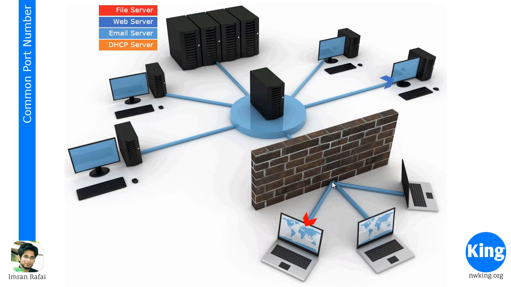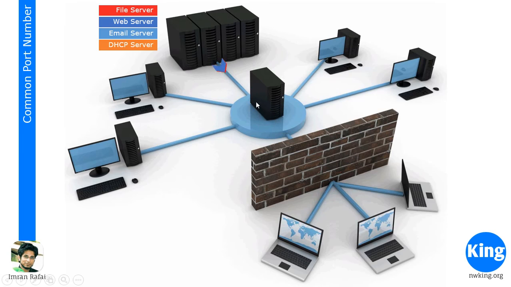So there are standard port numbers in every transmission. If you look at the frame, there is a place where it mentions the destination port number. It also gives a source port number. Now the source port number is required for it to send back. Like in this case, there is a blue traffic. Now blue traffic is web traffic.